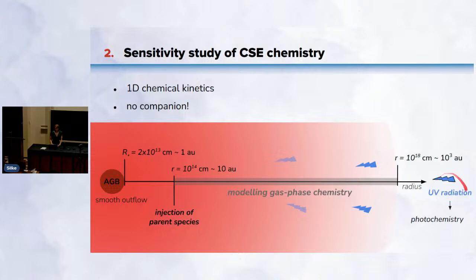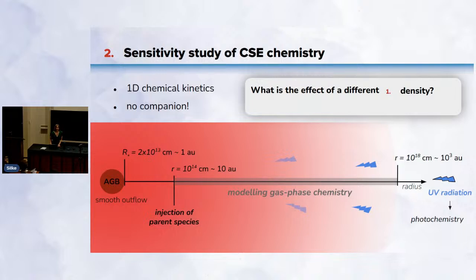And UV radiation can break up molecules, basically. First, it can penetrate the outflow from outside, and it will break up our parent species. Then all kinds of radicals form, and there is a big cascade of chemical reactions going on where different molecules are forming and interacting. And this is basically what we're trying to model with this model.